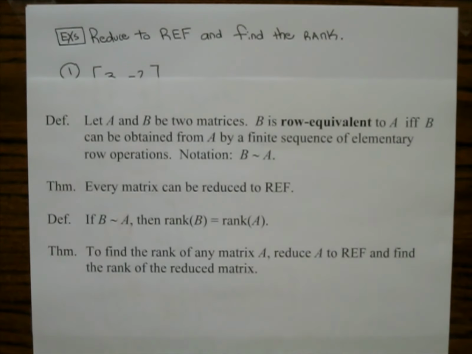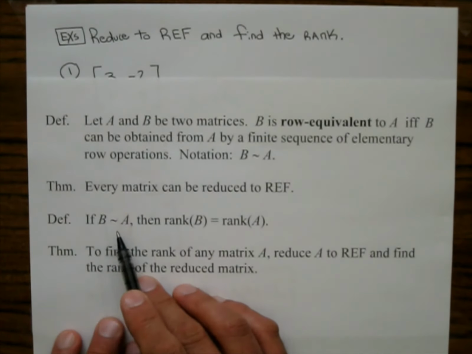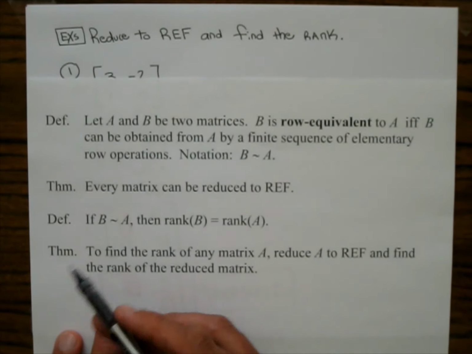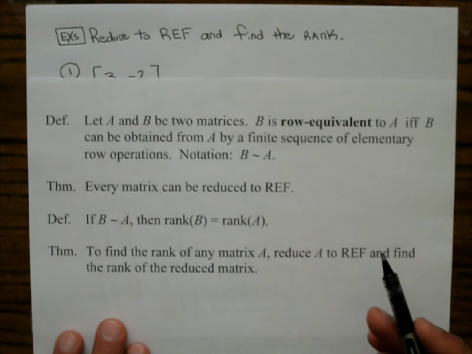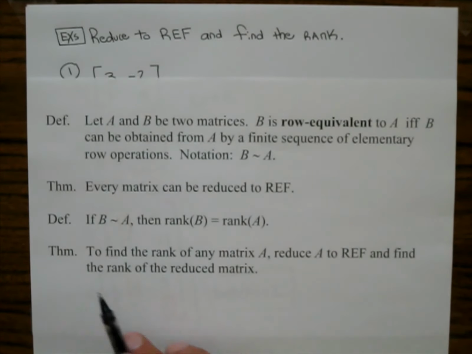So we finished the definition of rank, because now we can find the rank of any matrix. Any matrix can be reduced to REF, and that's how you can find its rank. And theorem: to find the rank of any matrix A, this is just the procedure of what we did: reduce A to REF and find the rank of the reduced matrix.